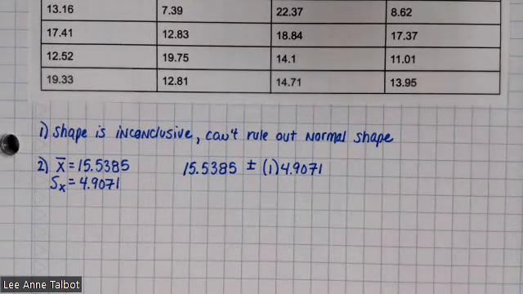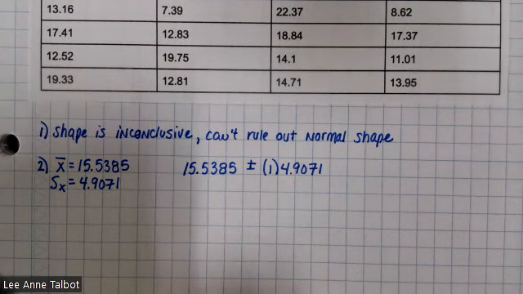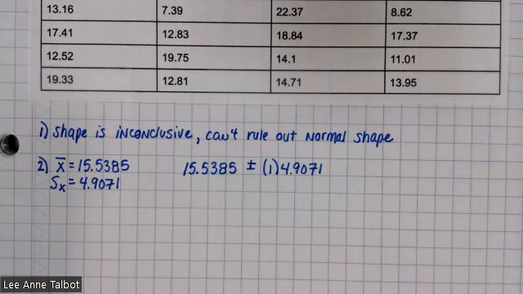What percent of values should be within about one standard deviation of either side? 68% of values, right?